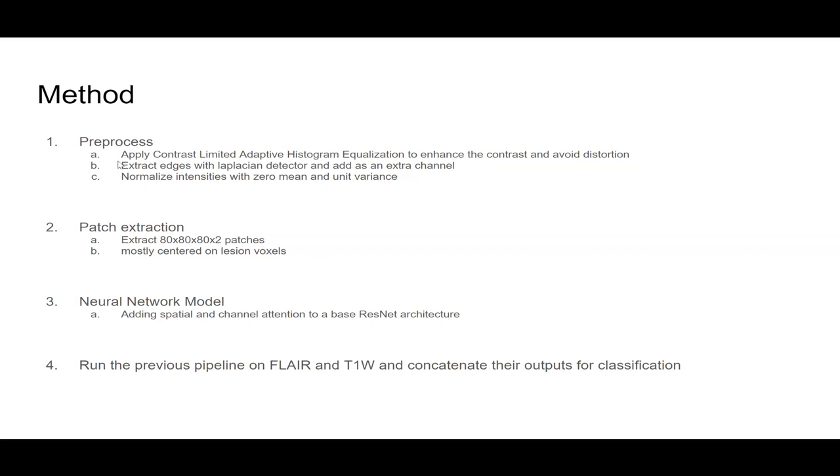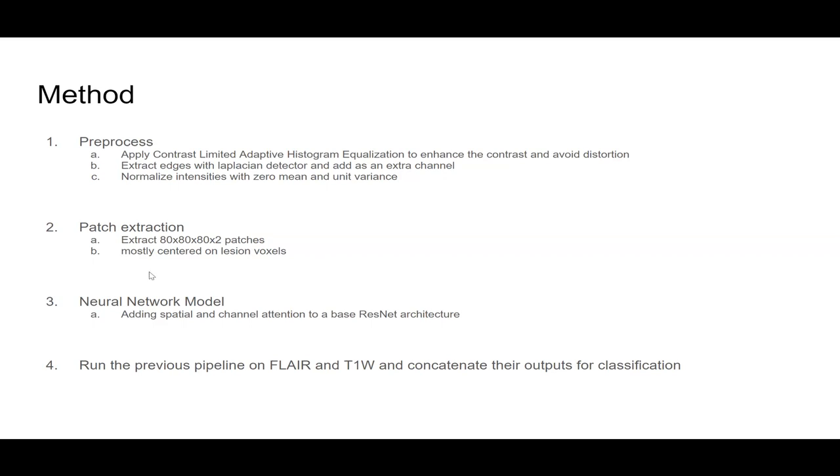We applied that to both of the modalities in our pipeline. From each modality, we extracted edges with a Laplacian detector, and we add that as an extra channel to that modality. And then we normalize the intensities of the whole tensor with 0 mean and unit variance.